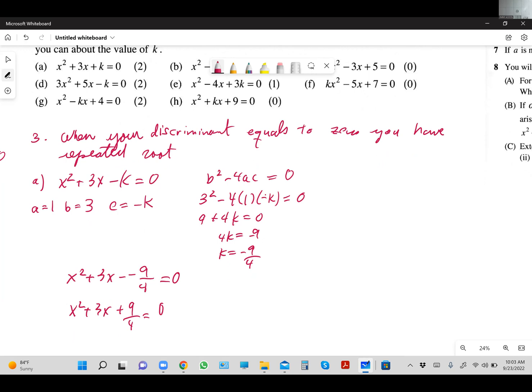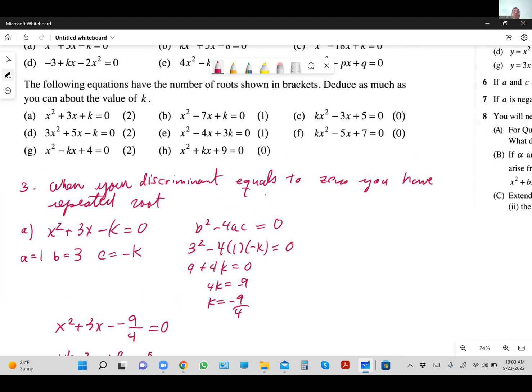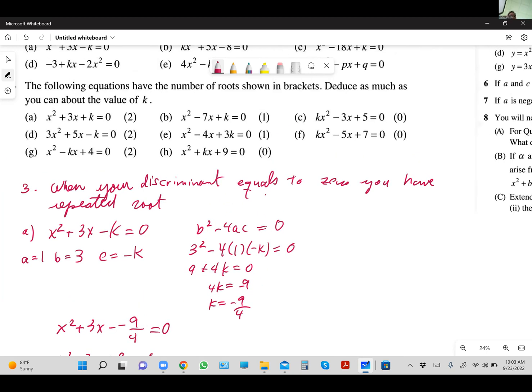I'll scroll this down right now to do a problem from number 4. Okay, so number 4 is a little bit different. They give you this equation and want you to figure out k, but they tell you how many solutions they want.